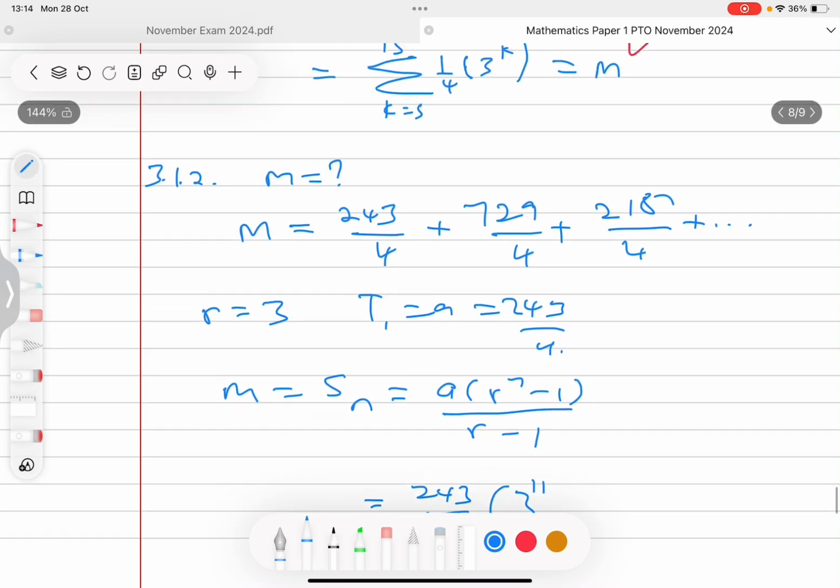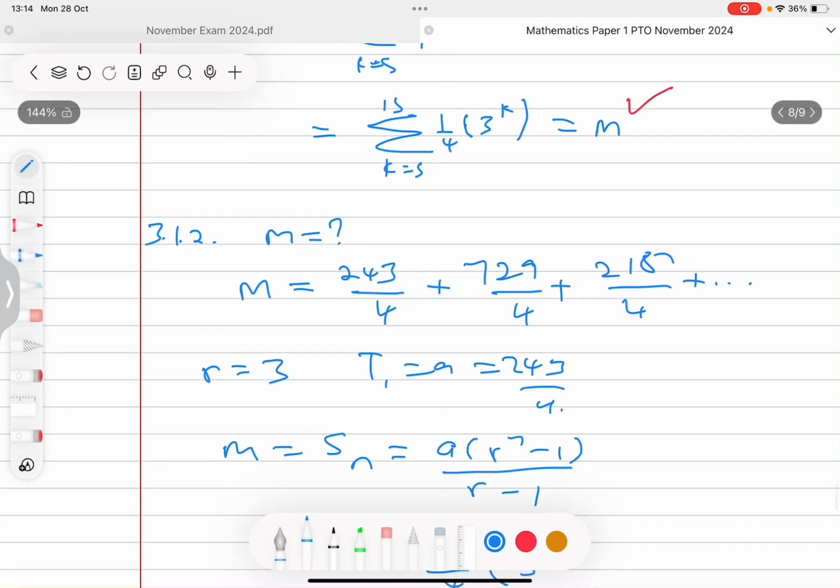Right, this 11, where does it come from? Remember that we are starting at T5 to T15, right? T5 to 15. Remember, when you want to find the number of terms here, you will say n is equal to the upper bound, the upper limit, which is 15, minus the lower bound, which is 5, and you add 1, right?